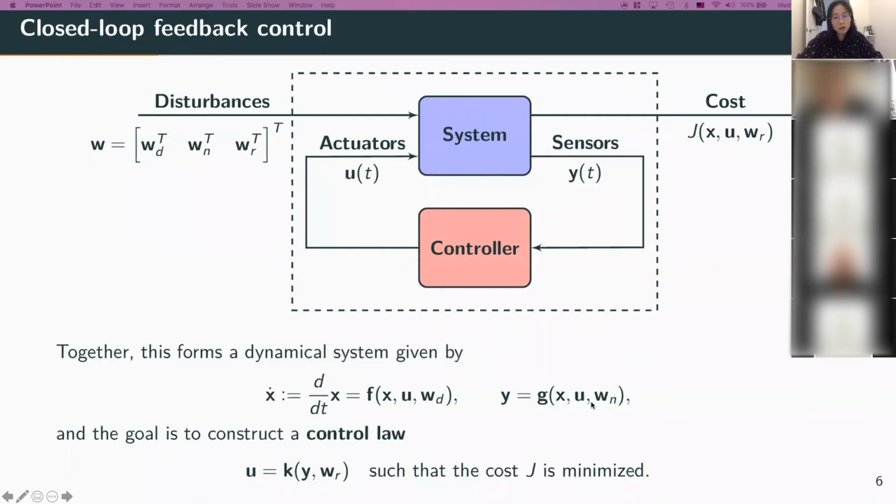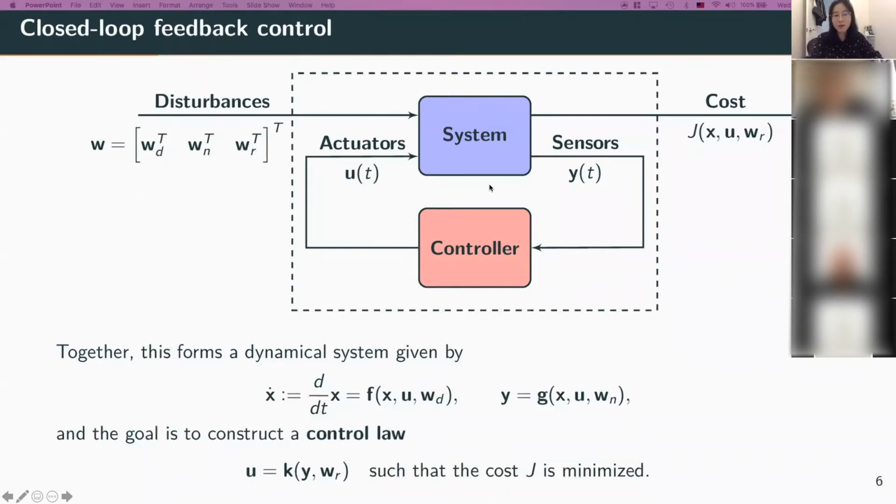The goal is to construct a control law u, some function K, depending on your measurements and your reference trajectory. We want to design this control law such that some cost is minimized. This cost is essentially evaluating how much effort you need to put into the system to be able to control it and achieve stability.